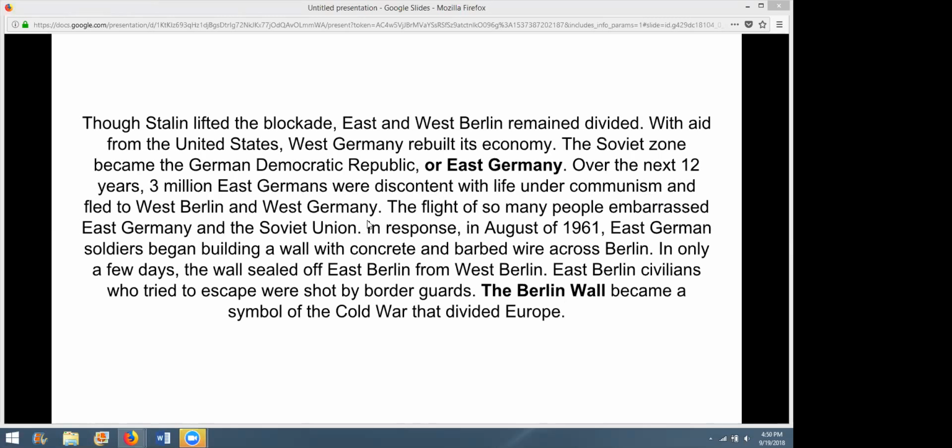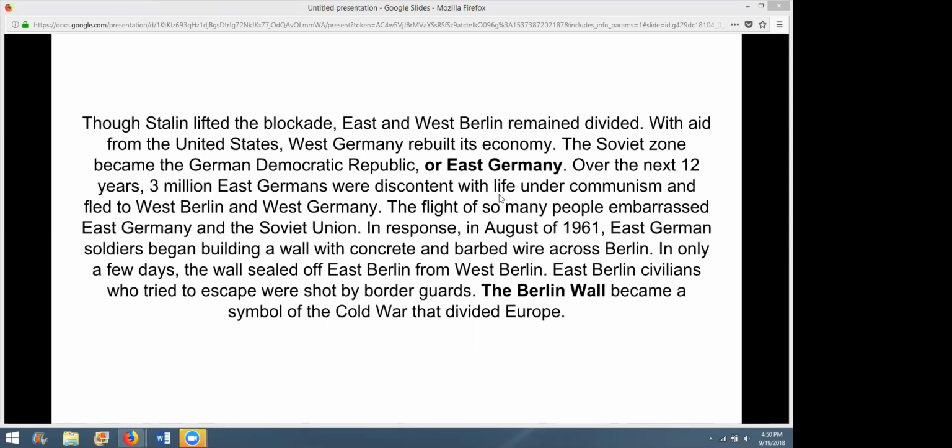So here we have a relationship between East and West, the United States and the Soviet Union. It was not good. And here is another mark on how the relationship was not good, in short terms. This only made the USSR, the Soviet Union, more angry when people began fleeing to United States controlled territory.